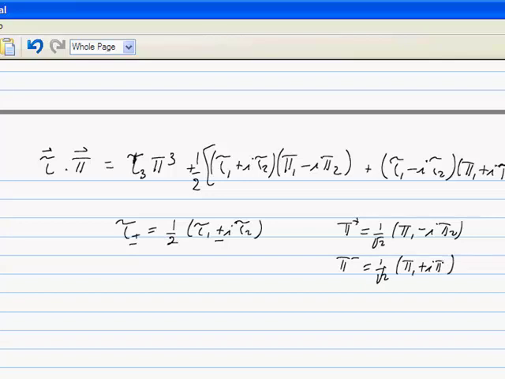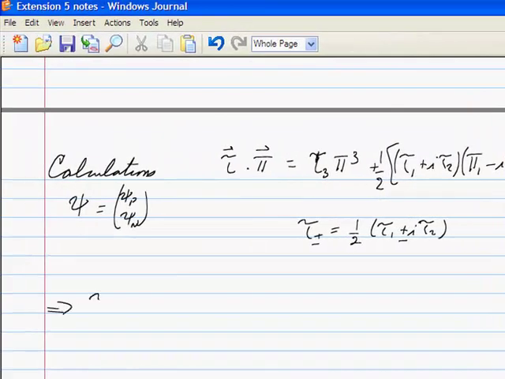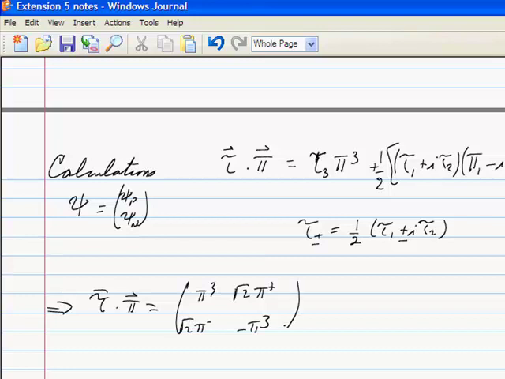Those are the right charge states if I do that right. This implies that the matrix tau dot pi is pi 3, minus pi 3, square root of 2 pi plus, square root of 2 pi minus.